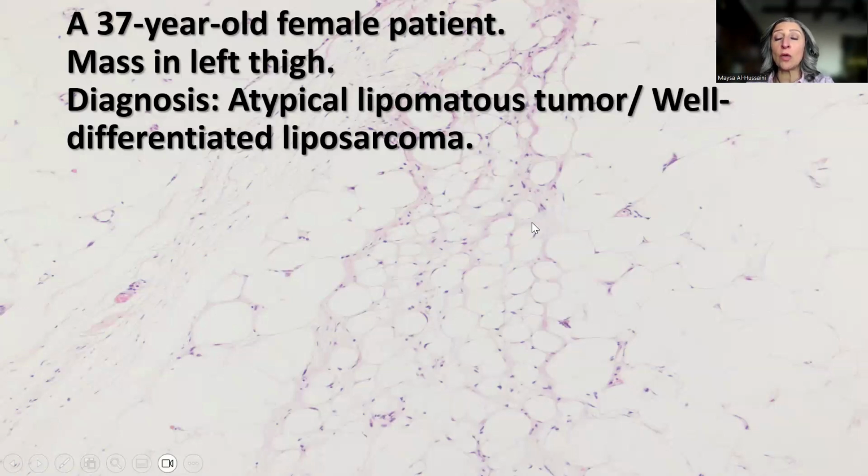But once we see this variation in the size of the cells, this is an excellent clue to the suggestion of the diagnosis. Remember that lipoblasts can sometimes be seen, but it's not a requirement for the diagnosis.